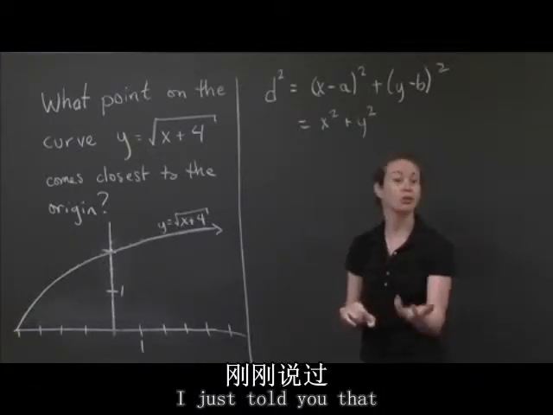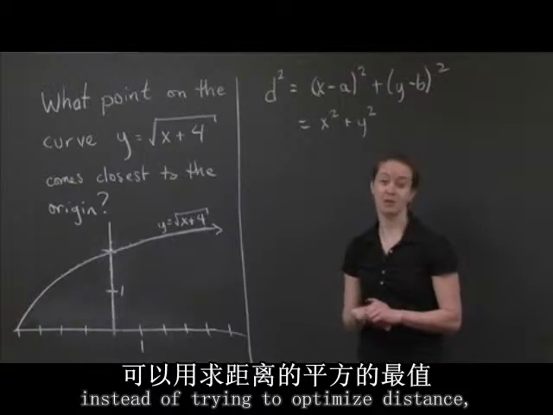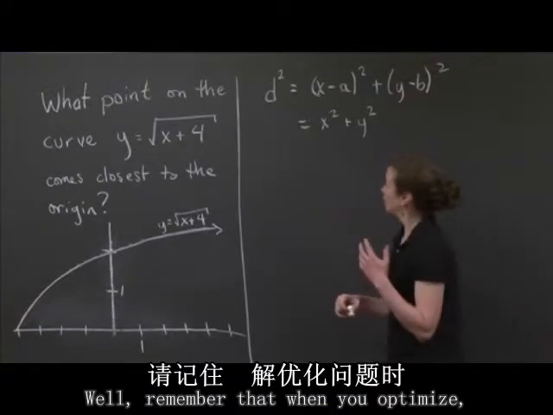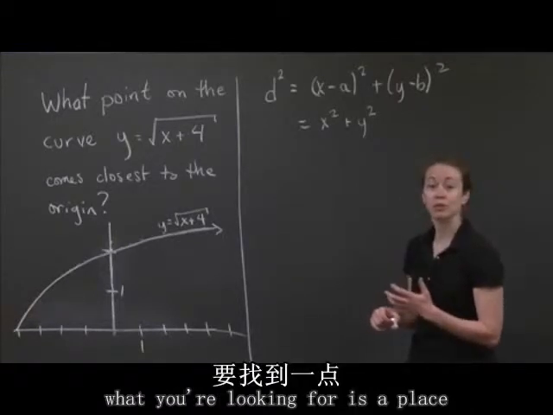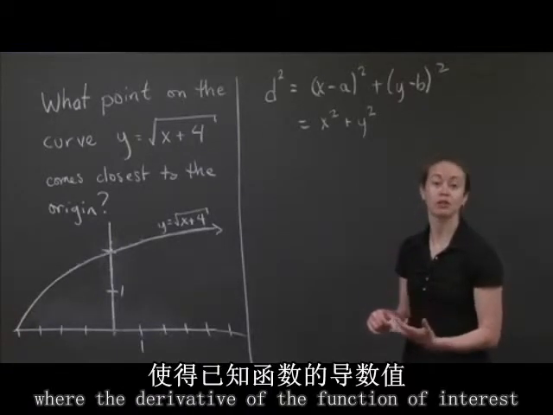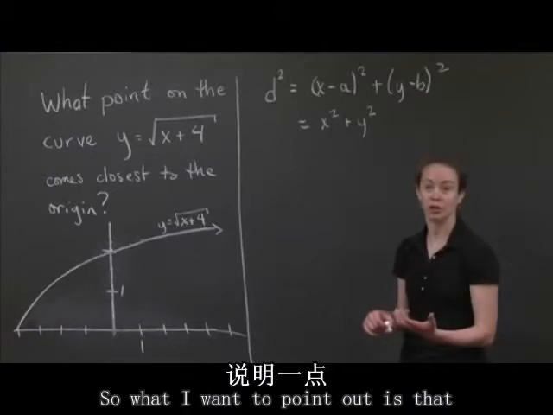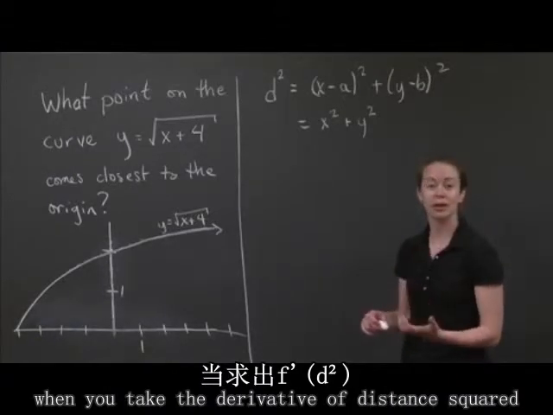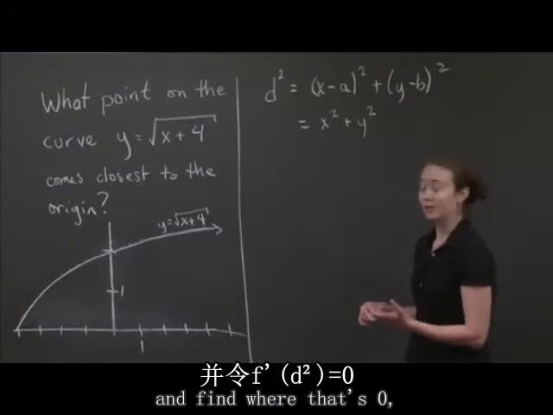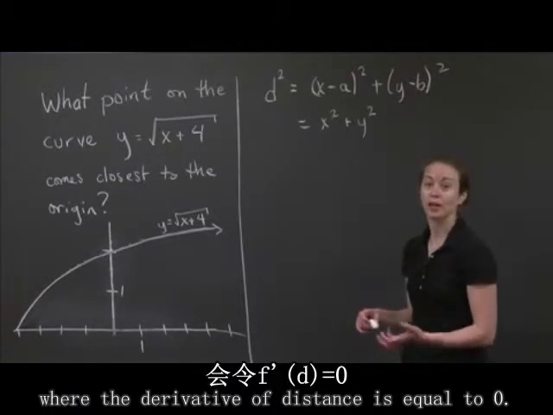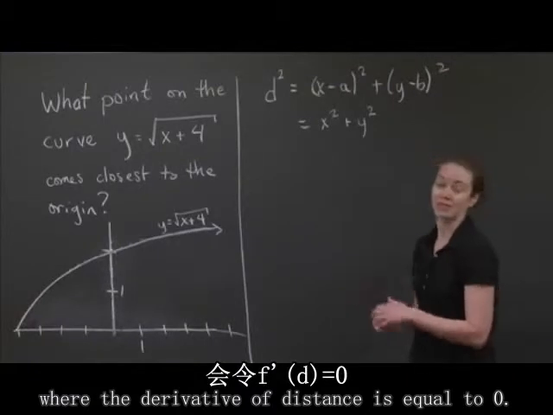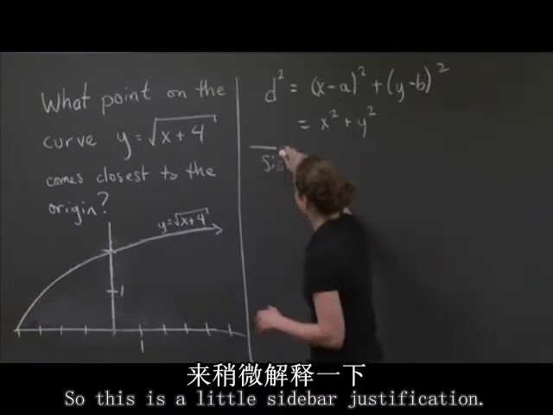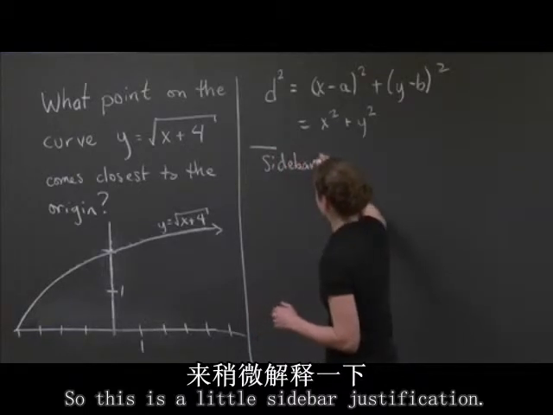I just told you that instead of trying to optimize distance, we can optimize distance squared. Why is that? Remember that when you optimize, what you're looking for is a place where the derivative of the function of interest is equal to 0. When you take the derivative of distance squared and find where that's 0, it's the same place where the derivative of distance is 0. So this is a little sidebar justification.